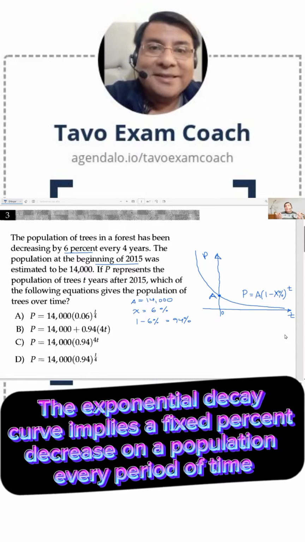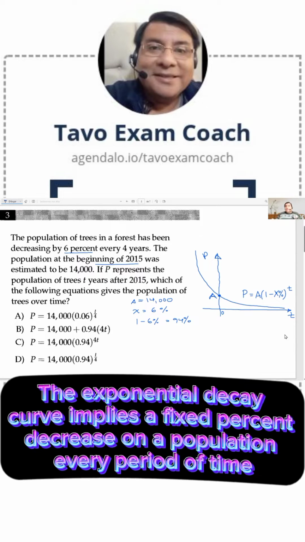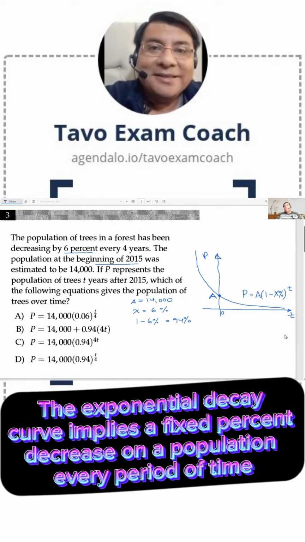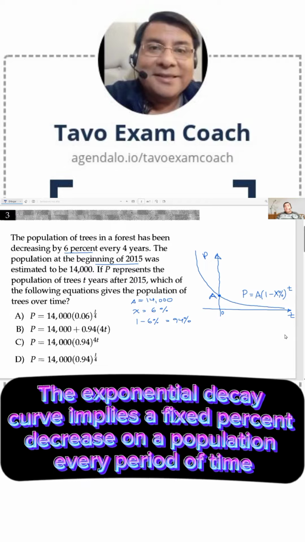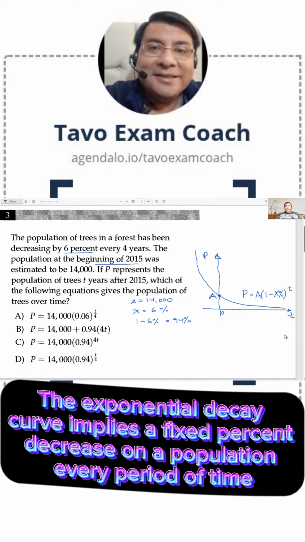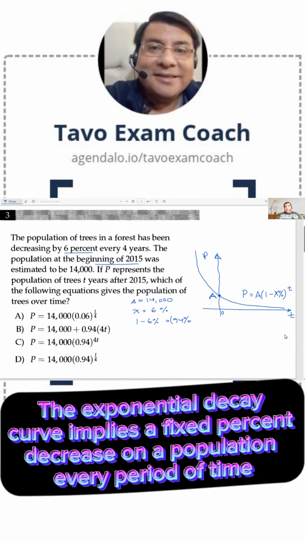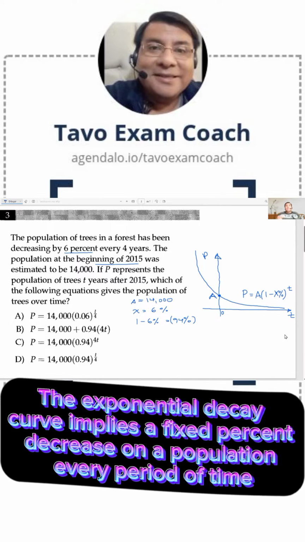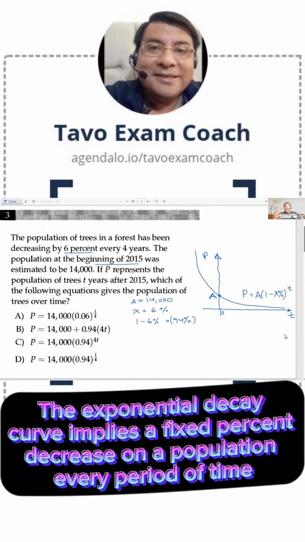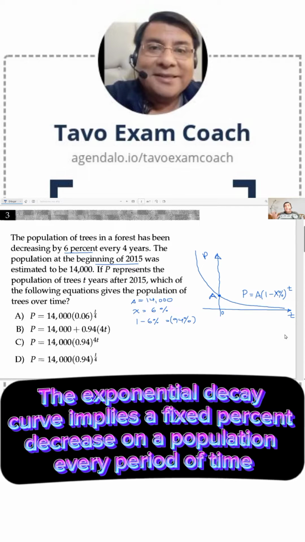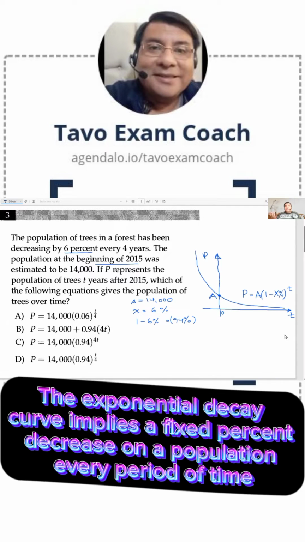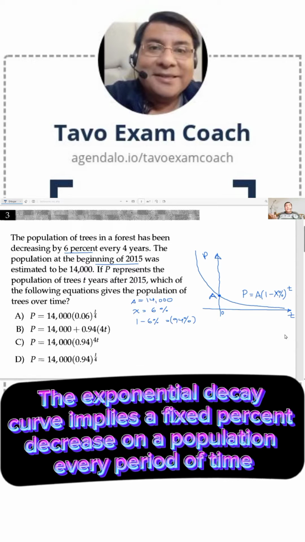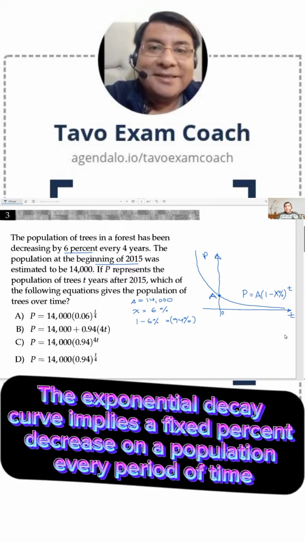So the number of years passing must be divided by 4 in order to determine the number of times which this factor will be multiplied by the original population. For example, if the number of years passed, T, is 4, then you will decrease the original size by 6%.